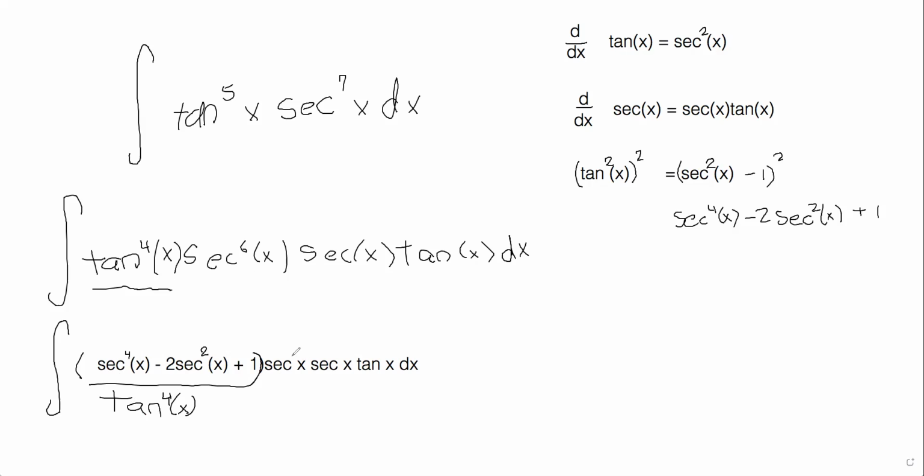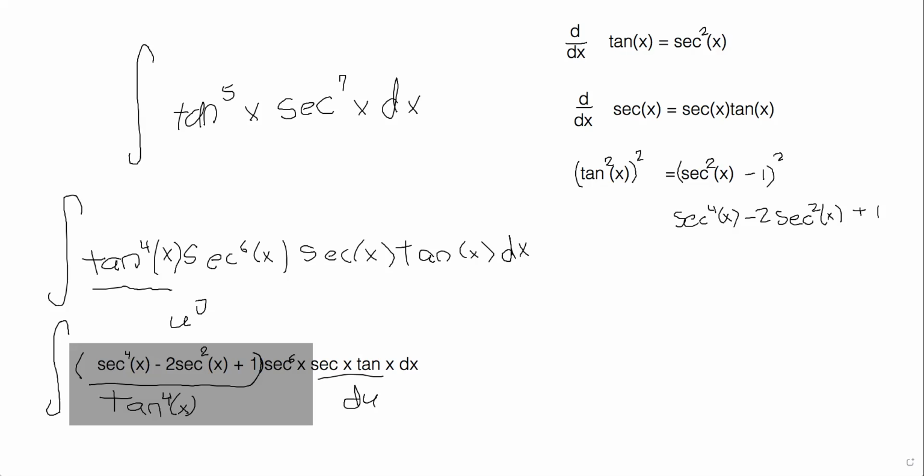And then we have secant to the sixth power, and then secant of x times tangent of x. This works really well because if we look at what we have now, we have everything in our u term in terms of just secant, which is really nice. So we can have secant be any power, we'll have our u to some power, and we'll have our du. Life is good.